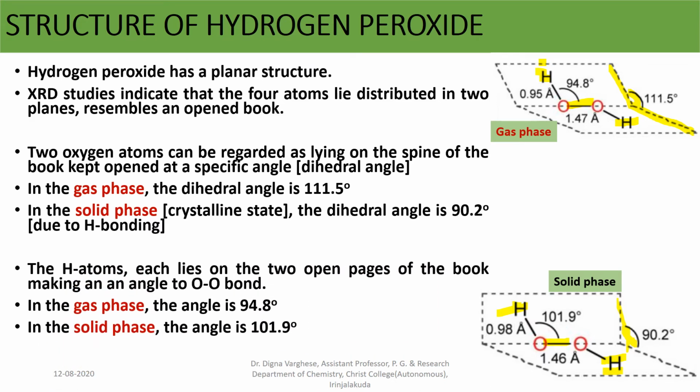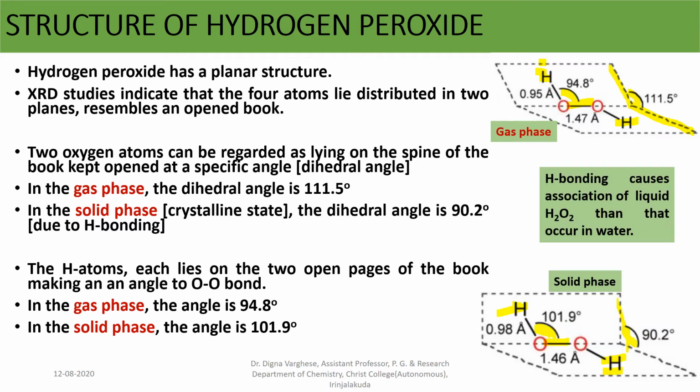In the case of the hydrogen atoms, each lies on one of the two open pages of the book, making an angle with the oxygen atoms. In the solid phase it is about 101.9 degree, and in the gaseous phase it is about 94.8 degree. This difference is because of intermolecular hydrogen bonding, which causes the association of liquid hydrogen peroxide more than that occurring in water.